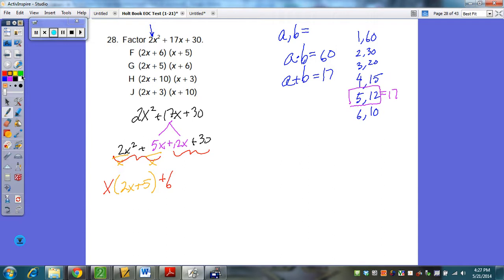I'm going to divide both of them by 6, and I get 2x plus 5. I can factor out the 2x plus 5, and I'm left with x plus 6. 2x plus 5, x plus 6.